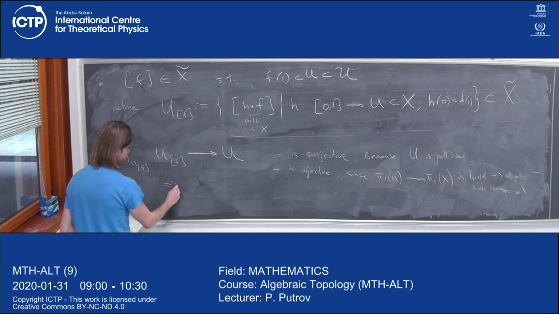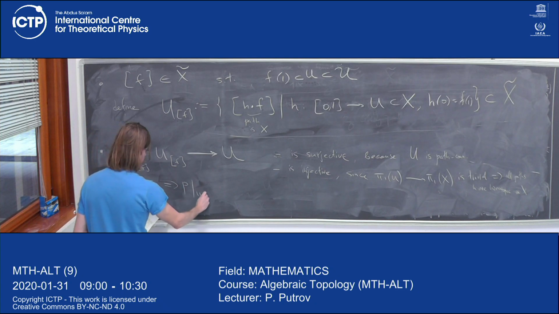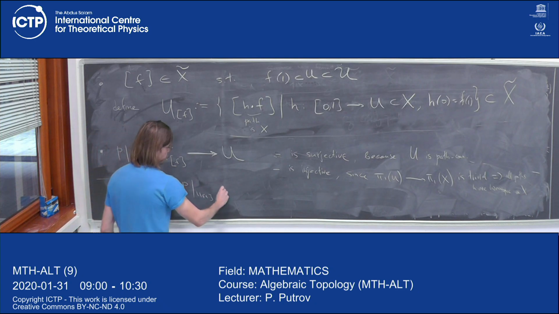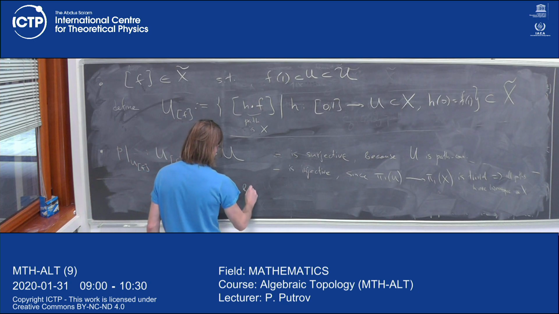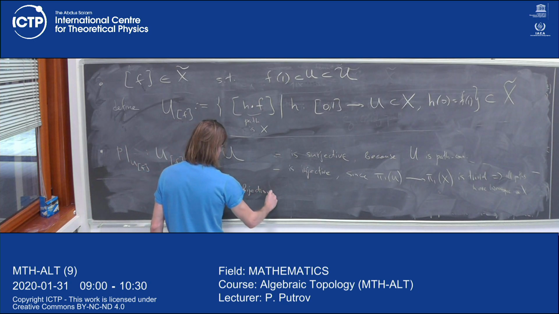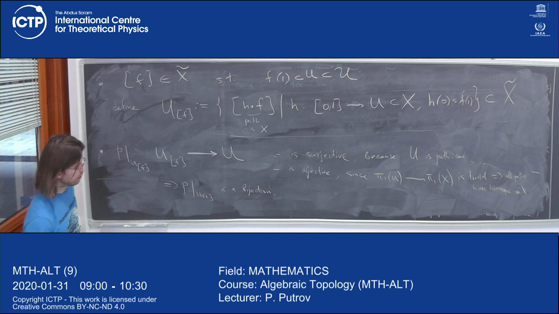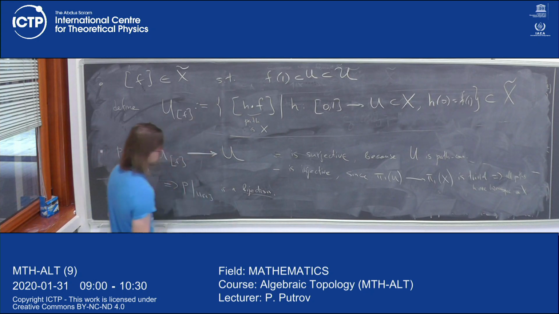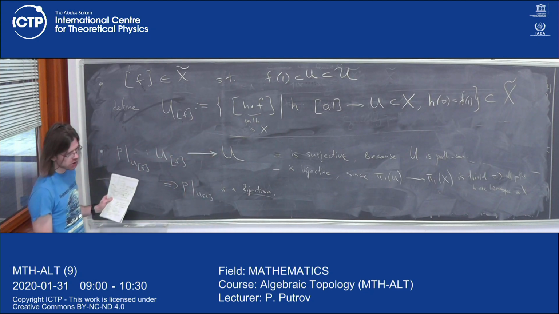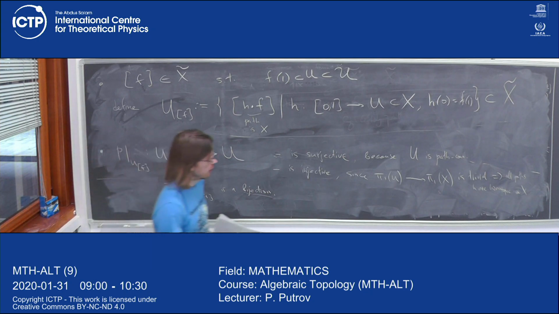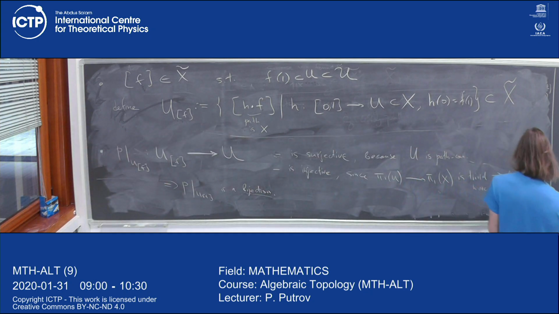So it follows that this restriction of P is a bijection. Later we of course want to show that this is not just a bijection, but a homomorphism. But first we have to define the topology.